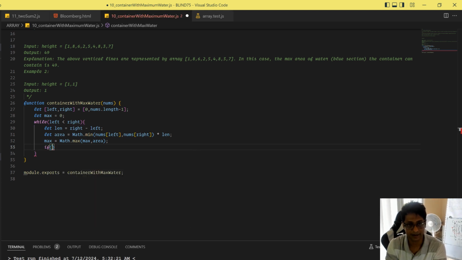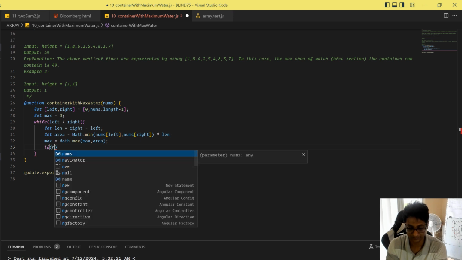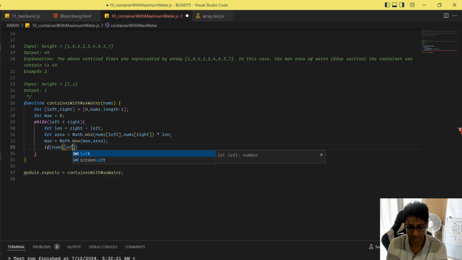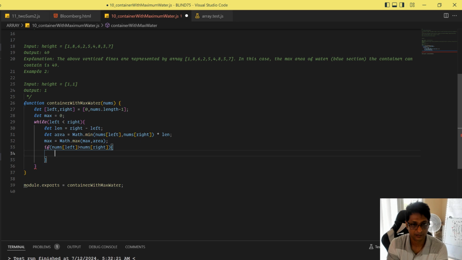Now if nums of left is greater than nums of right, then we'll move the right pointer to the left.